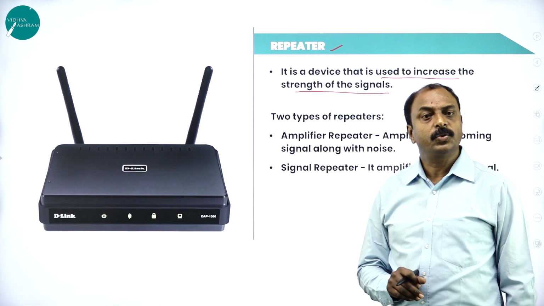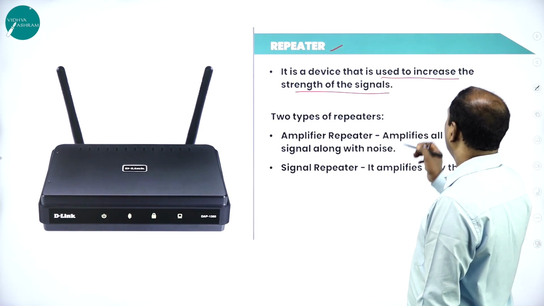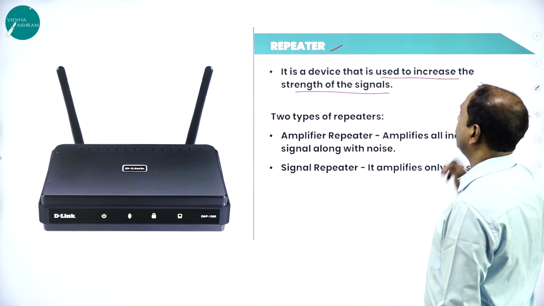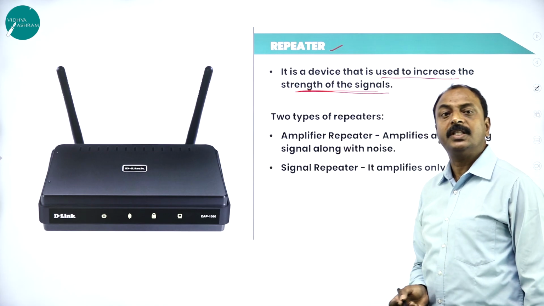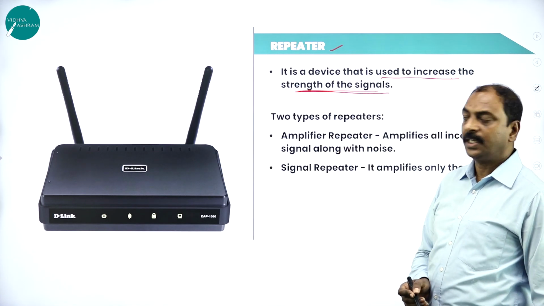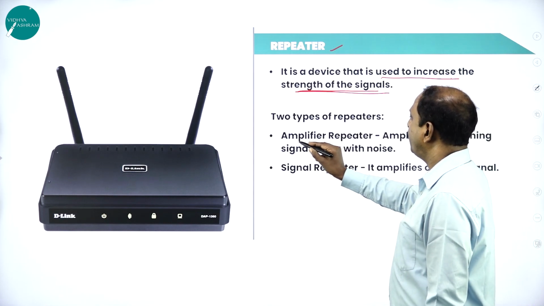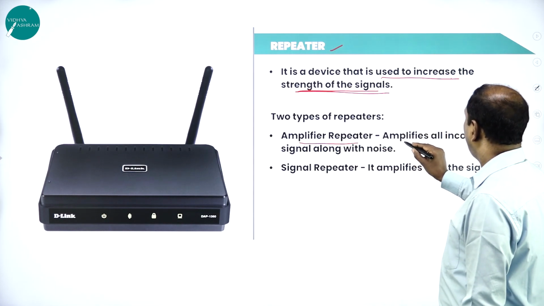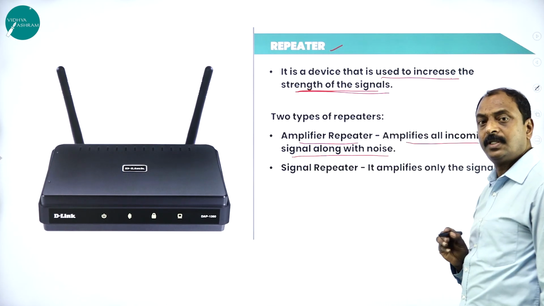So repeaters are used to increase the strength of the signal, or we say they amplify the signal. It is used to amplify the signal for communication. Now there are two types of repeaters. One is the amplifier repeater, which amplifies all the incoming signals along with the noise.